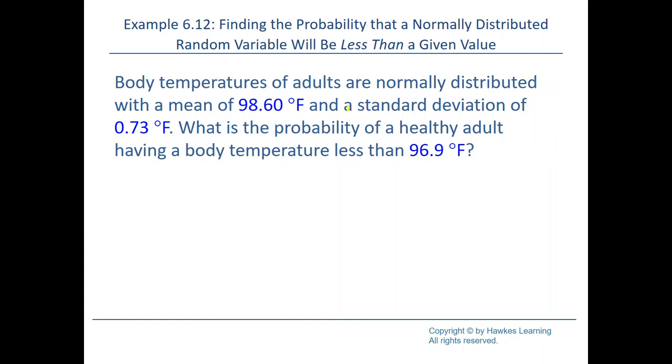Some of the keywords that I'm beginning to see is that it's asking for the probability. They also said that the body temperature is less than 96.9 degrees Fahrenheit. That's what we want to translate into more mathematical notation versus just wordy.